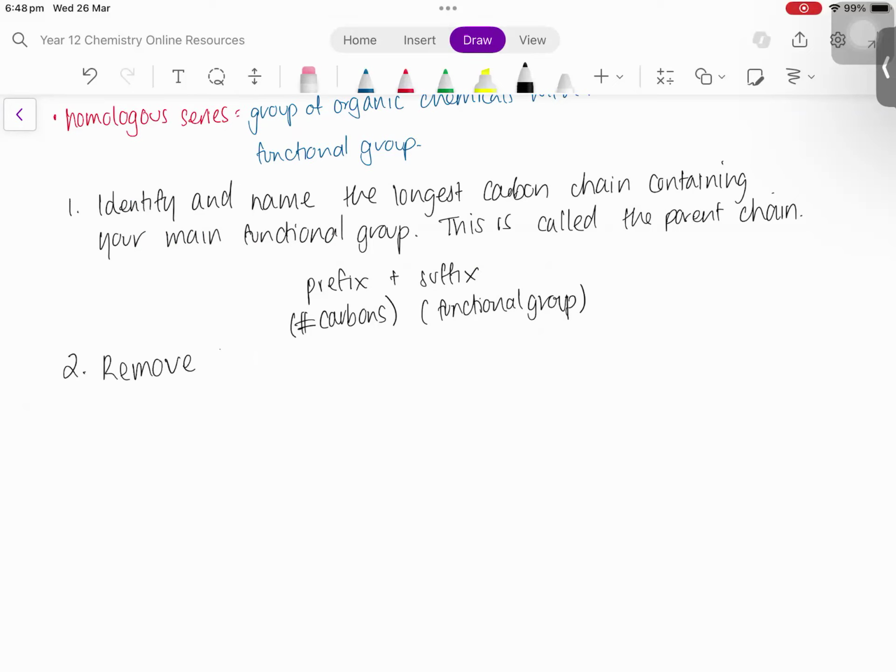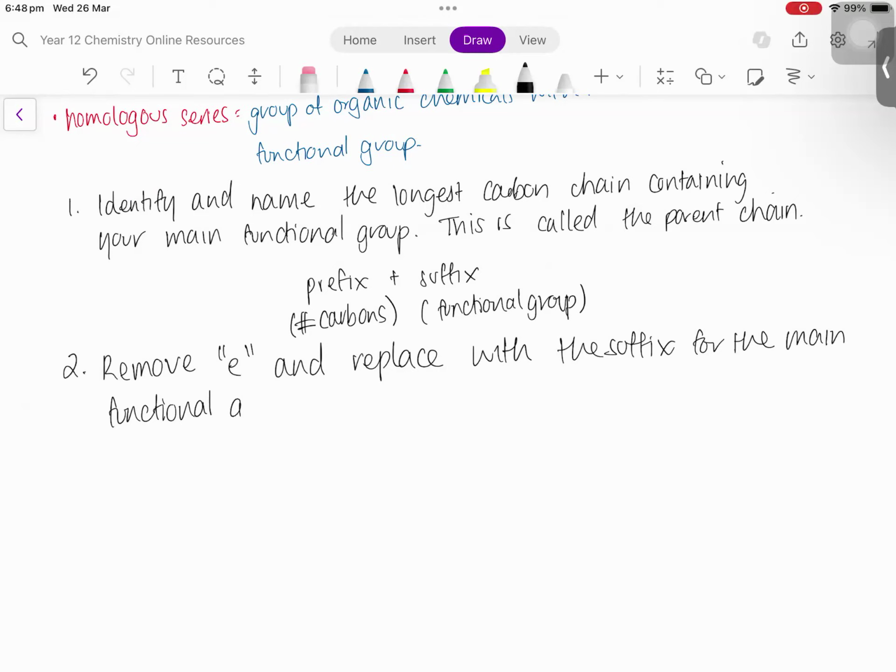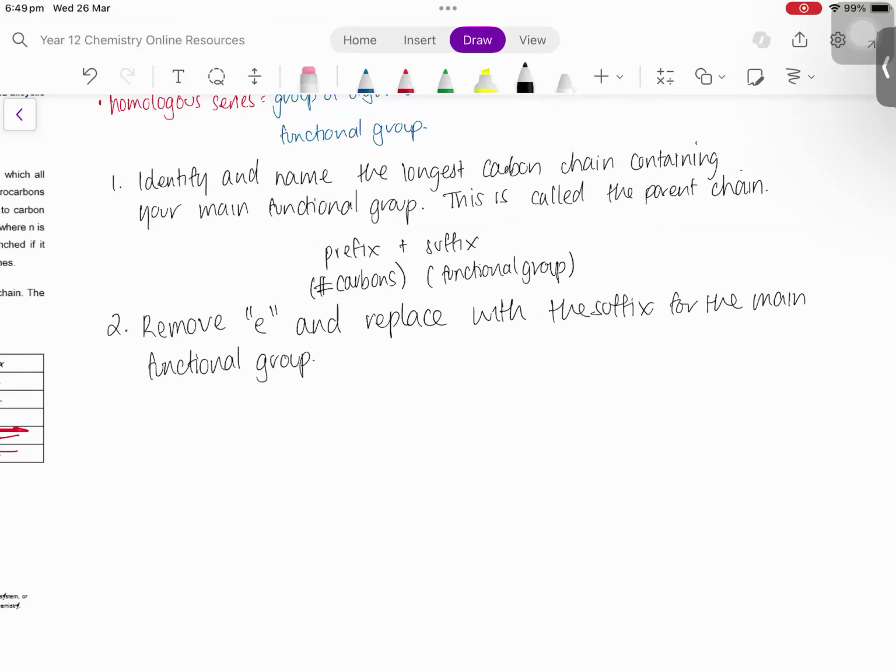You're going to remove the E and replace it with the suffix for the main functional group. Step 2 won't make much sense at the moment because I'm not going to change the functional groups that much. Jot step 2 down for now and it'll make sense as we go. Once again, if you've already done this at school, I'm adding extra detail to avoid any confusion that we've been seeing in the other classes.